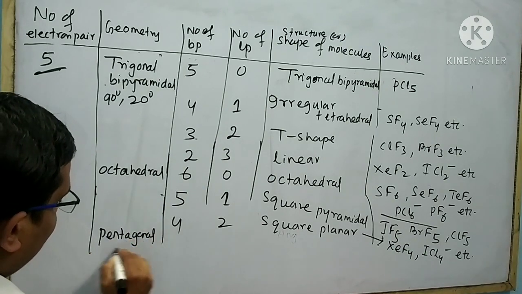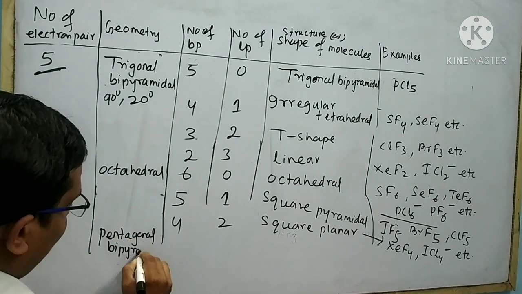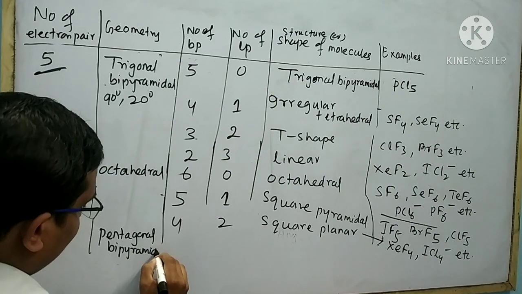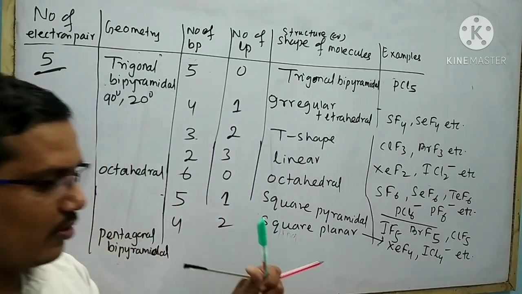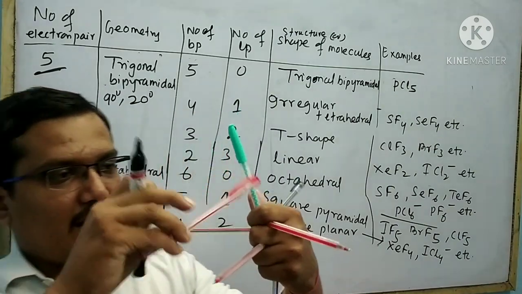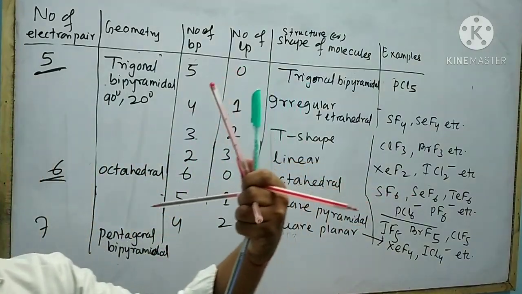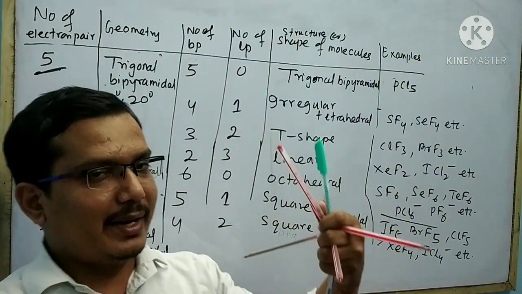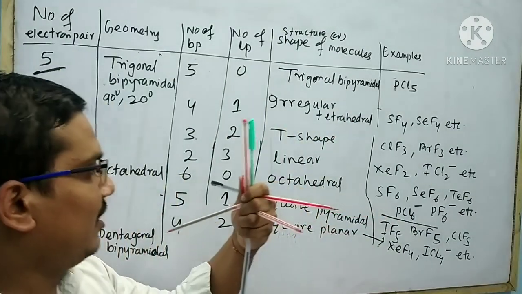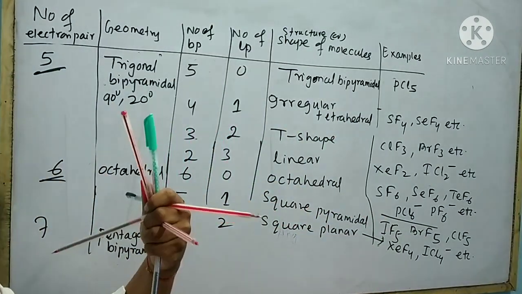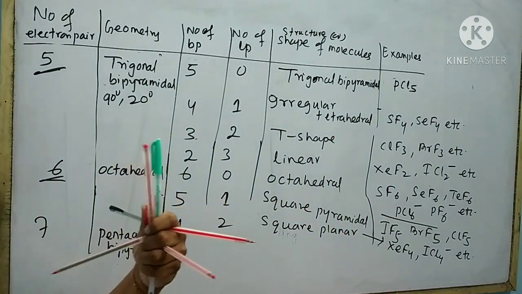Suppose a molecule having 7 electron pair, then the geometry of the molecule is pentagonal bipyramidal. Suppose these are the 7 electron pair, then the 7 electron pair arranged in a pentagonal bipyramidal geometry.